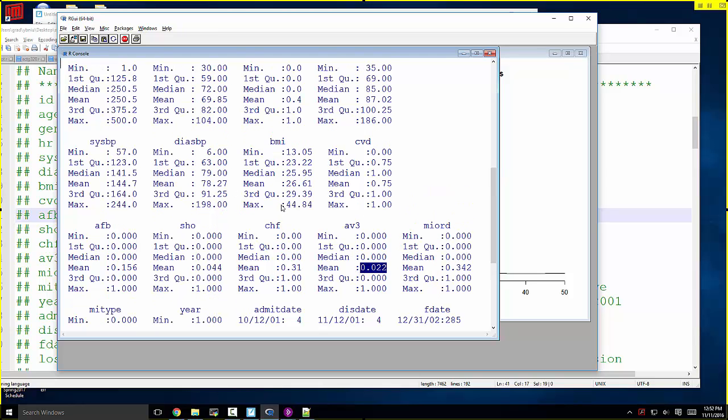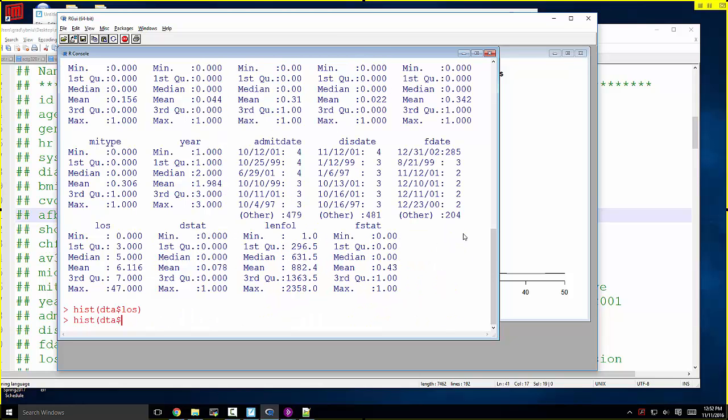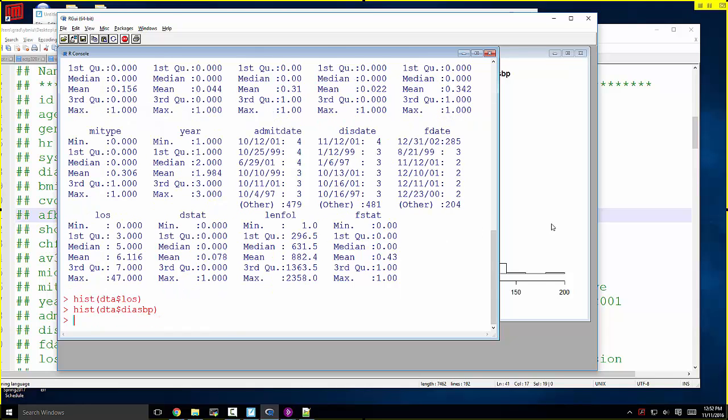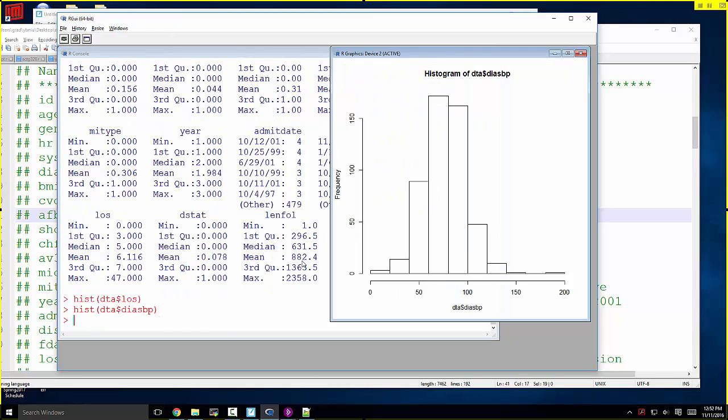What else do we have? Systolic blood pressure, diastolic blood pressure. This is pretty big relative to the others. Let's look at a histogram of diastolic blood pressure. Doesn't look so bad in picture form.